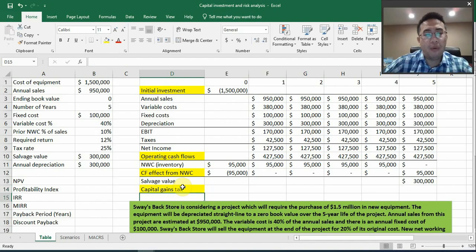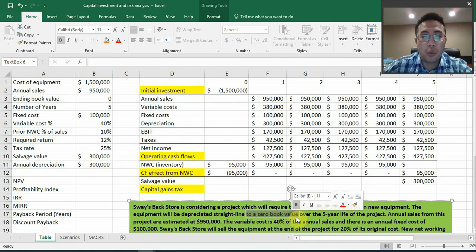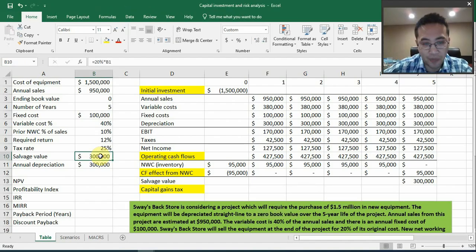How much do you report to the IRS for the ending book value? 0. You report to the IRS that this machine will be worthless after 5 years of use. However, you're going to sell it for $300,000. The IRS will not let you go. They're going to charge you capital gains tax.